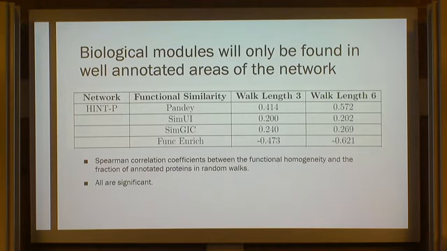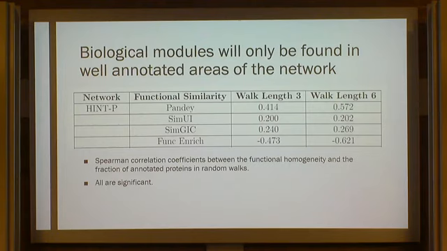You get no negative correlation with functional enrichment because it uses a p-value as its measure. It's also noticeable that it's strongest with the Panday, and this is partly because the Panday is a much better measure of whether things are functionally similar. The distributions of SIM-UI and SIM-GIC are really quite weird. I won't bother showing them to you, but they have a very odd distribution of very high scores and then weird bumps in the middle, so it's very difficult to say exactly what they're doing.